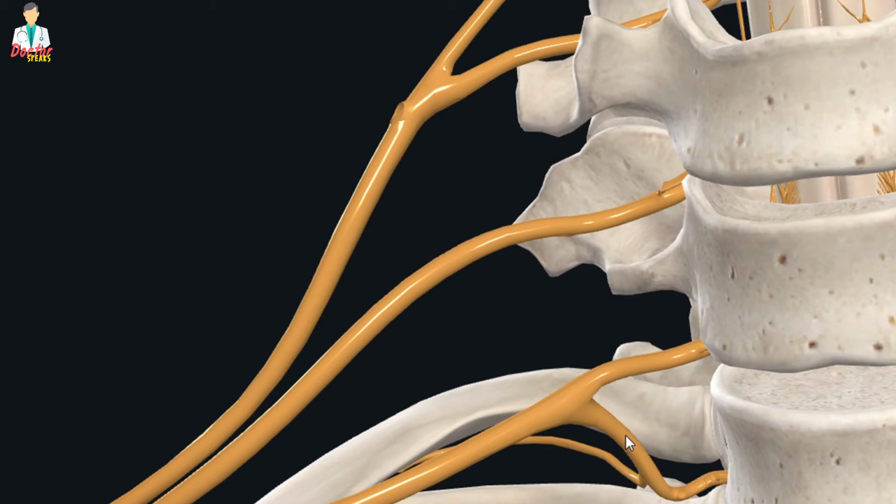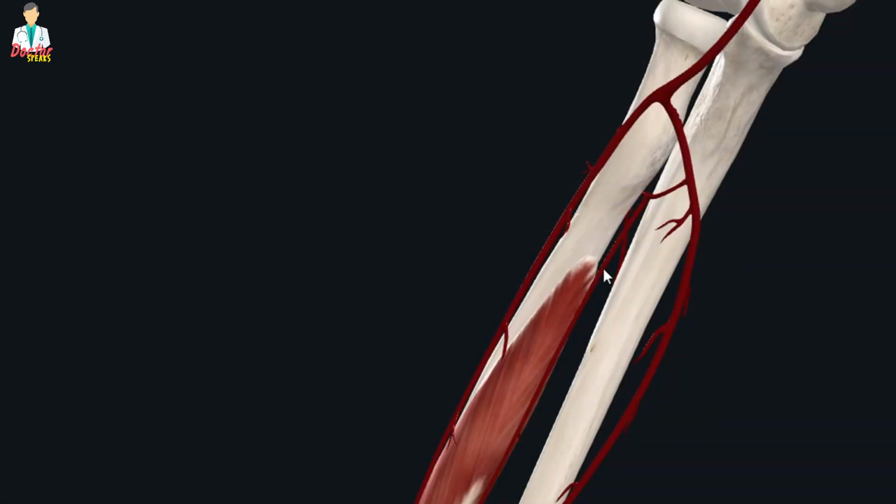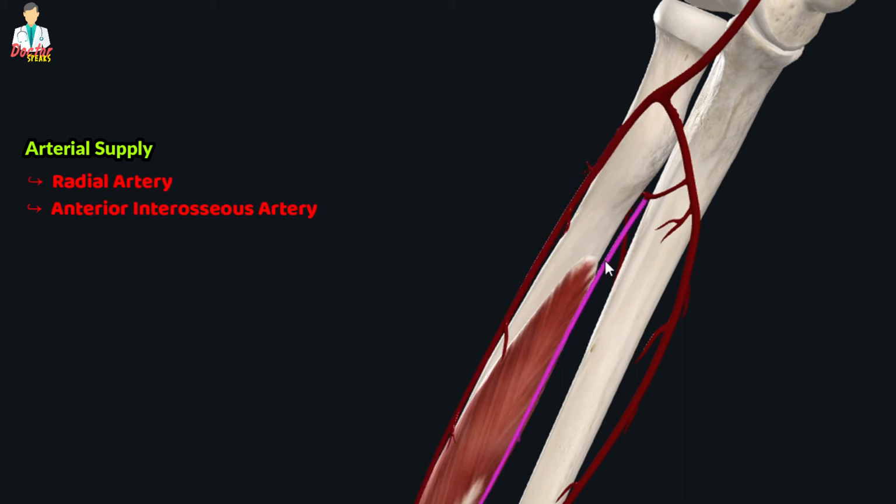Now let's move on to the arterial supply of the Flexor Pollicis Longus muscle. This muscle receives its arterial supply from two arteries, and these are the radial artery and the anterior interosseous artery.